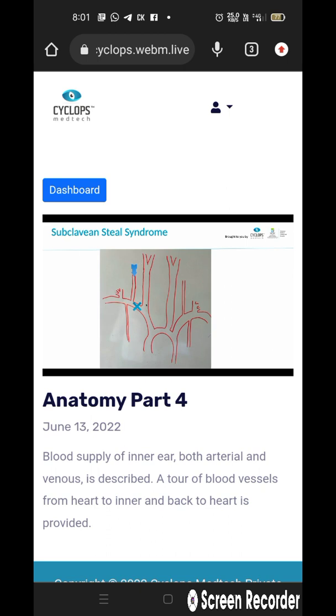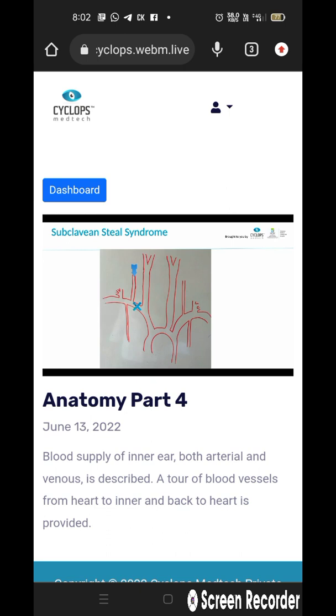So we have the common carotid, which goes as the internal carotid, then the opposite side vertebral. All these take the blood to the brain, and then from there is a reverse flow in the vertebral artery which will be supplying the upper limb.